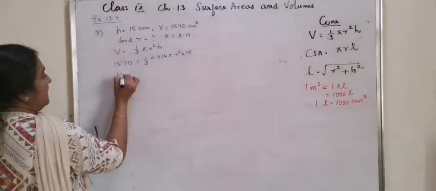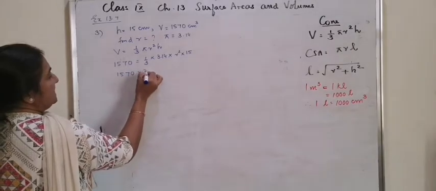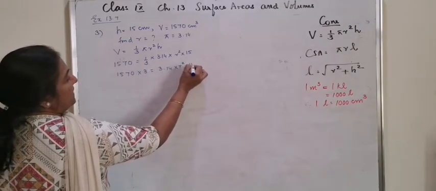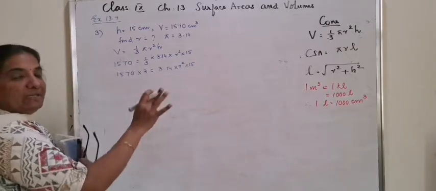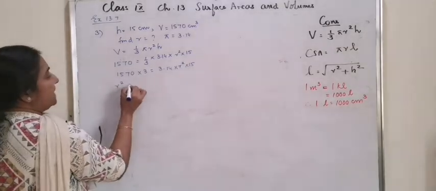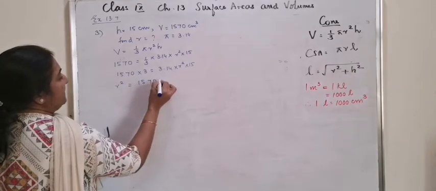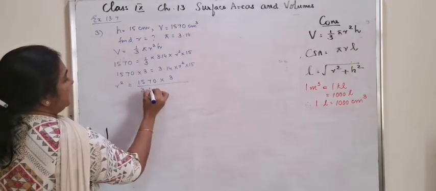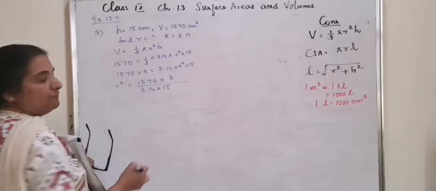Let's cross multiply. 1570 into 3 is equal to 3.14 into r square into 15. Do not multiply, we will simplify. R square is equal to 1570 by 3 into 3 divided by 3.14 into 15.